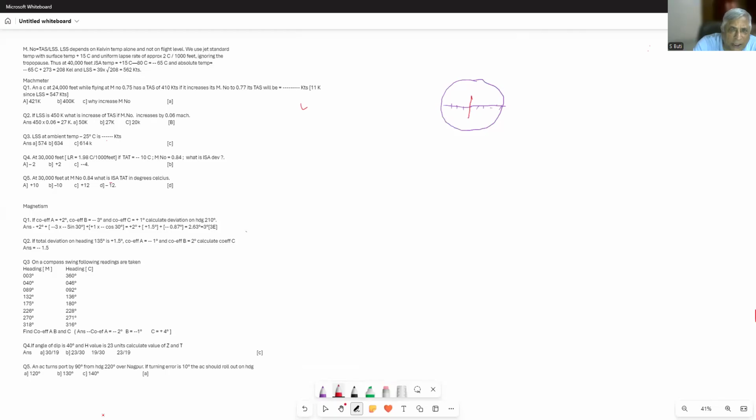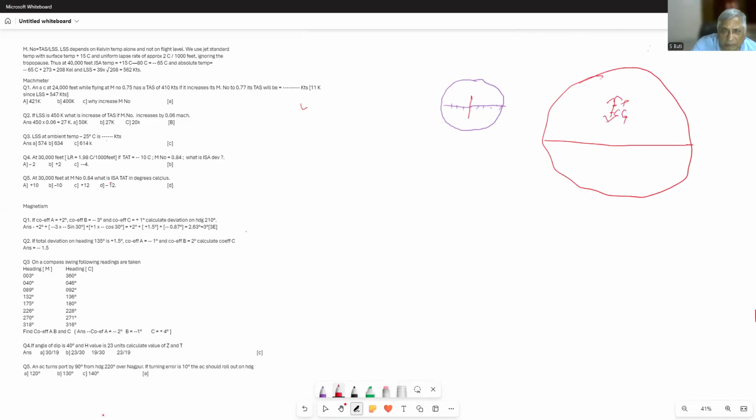What are the turning and acceleration errors due to? That is due to the angle of dip. In the northern hemisphere, due to the angle of dip, your point of pivot moves ahead and the center of gravity lags behind.